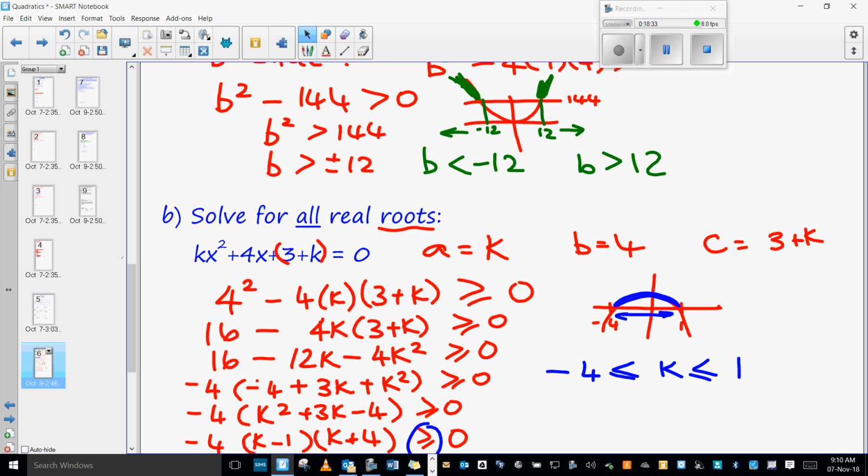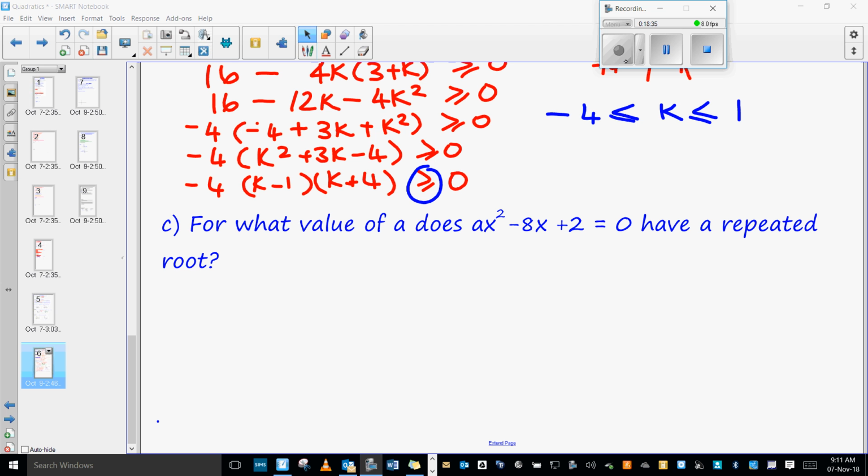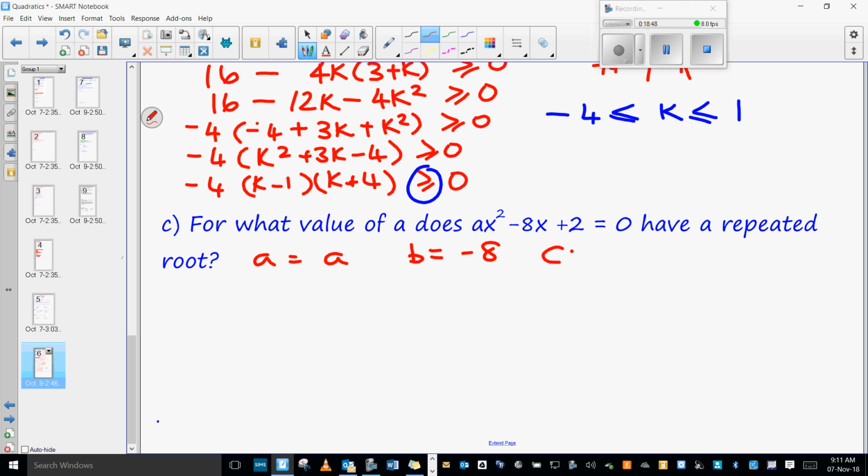Alright, so for what value of a does ax squared minus 8x plus 2 have a repeated root? So, we find our discriminant. a is a, b is negative 8, c is 2. So our discriminant is negative 8 squared subtract 4 lots of a times 2.